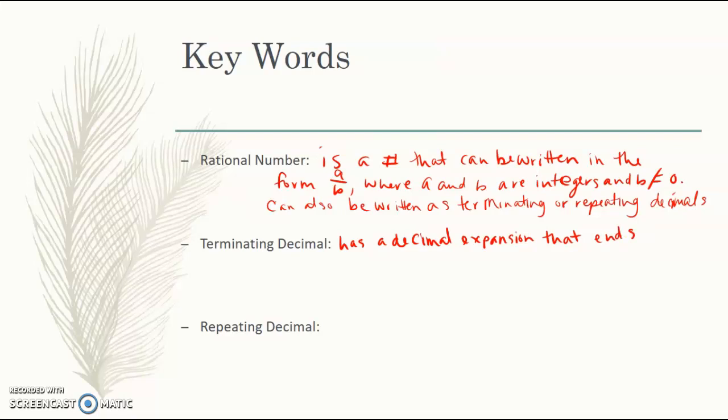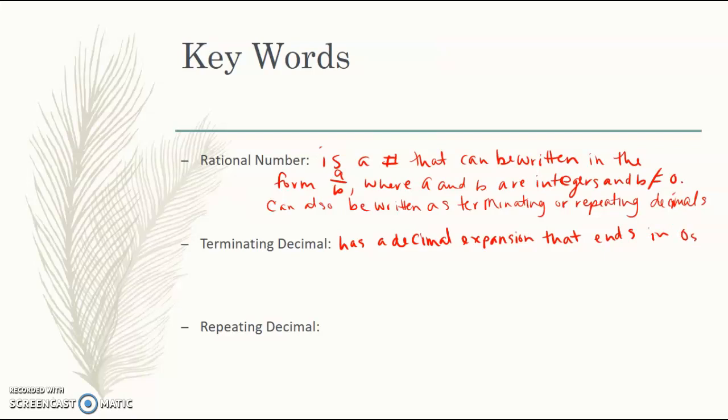So, if you think about what terminate means, it means an end. If you think back to the movie The Terminator, his point was to come back and end a life. So, a terminating decimal has a decimal expansion that ends, and we like to think of it that it is ending in zeros.